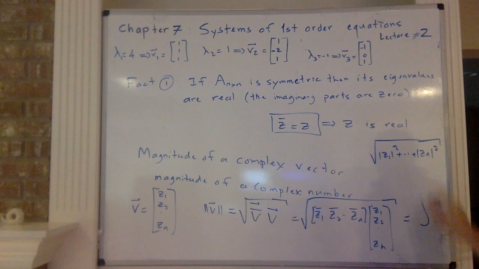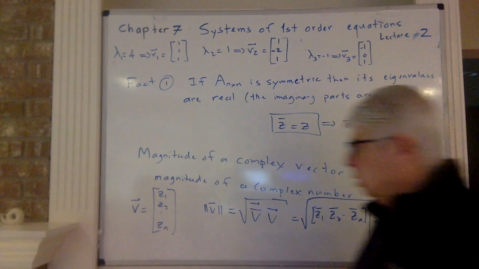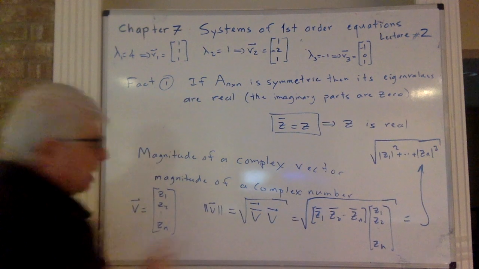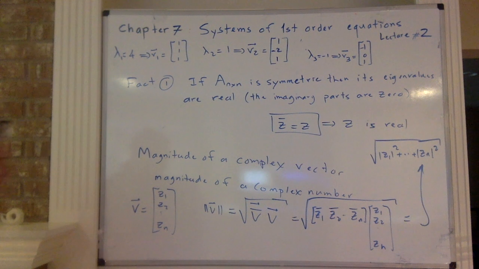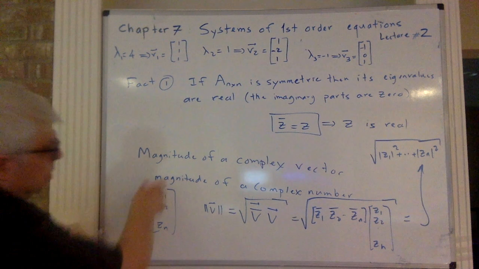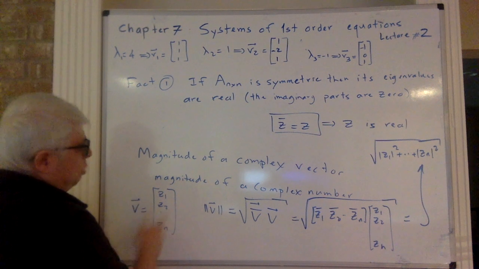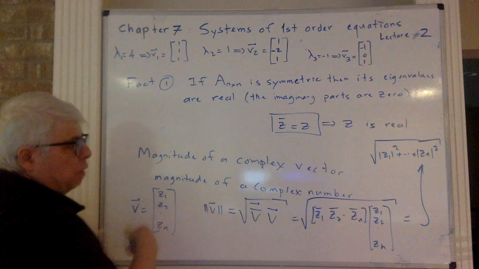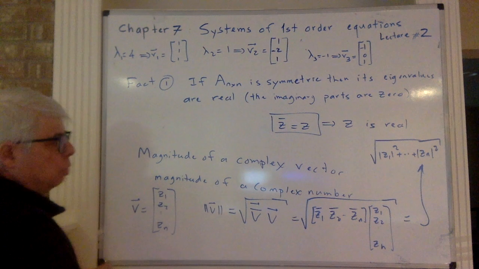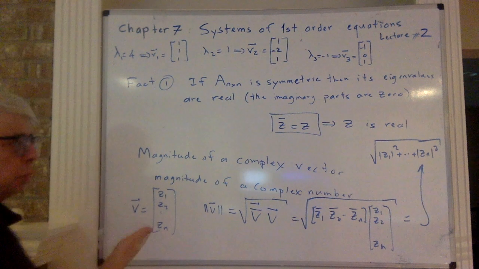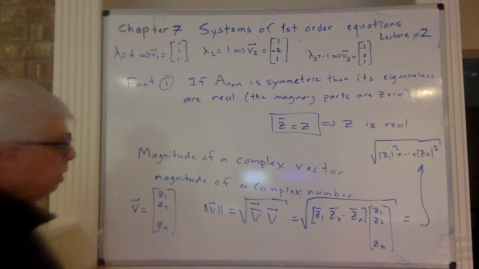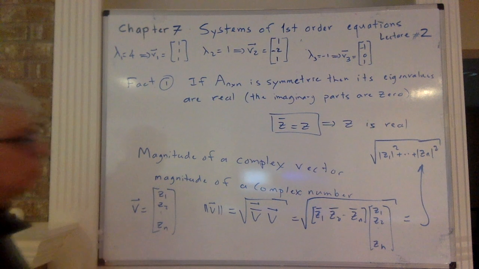Okay? So that is the magnitude of each one of them squared. It's like the magnitude of a real vector A1, A2, and so on, which was A1 squared, A2 squared, A3 squared. Now here it is like Z1 squared, but Z1 is a complex number, so it is the length of Z1 squared.